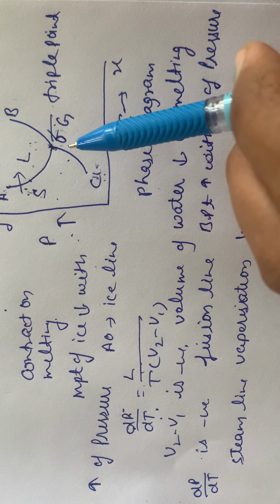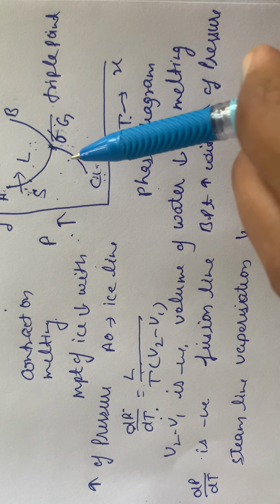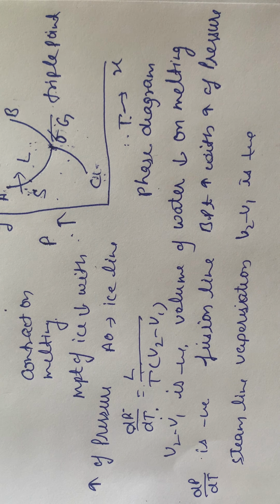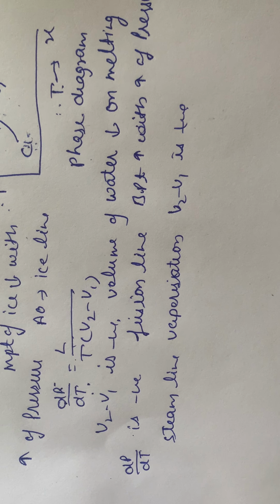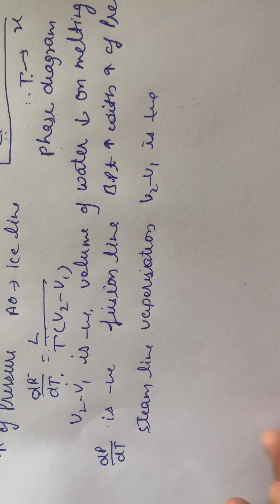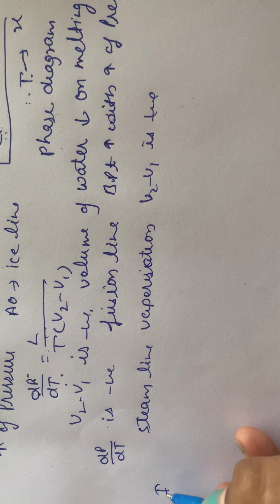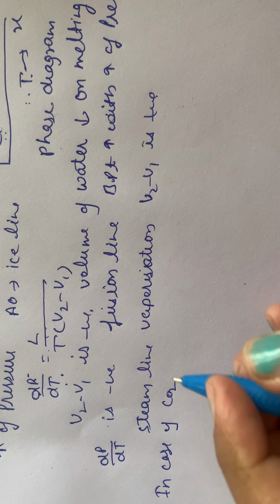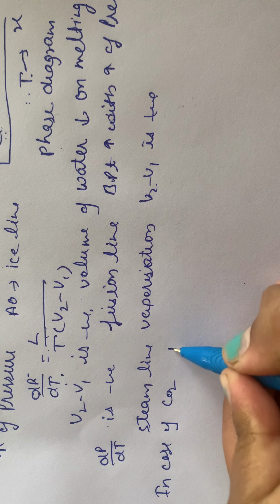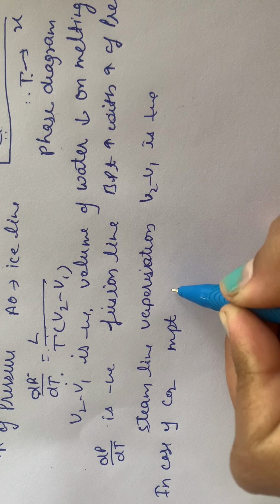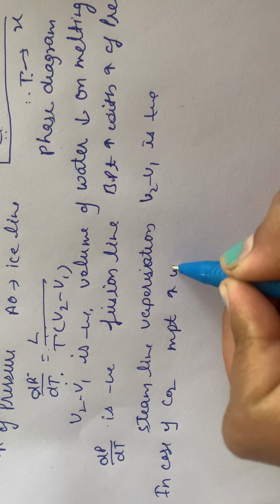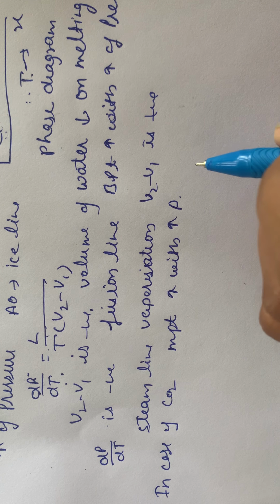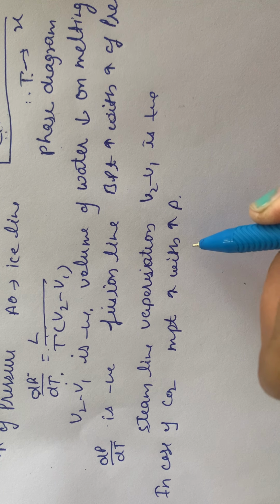Now the phase diagram for carbon dioxide, which expands on melting. The melting point of such solids increases with increase of pressure, as in carbon dioxide.